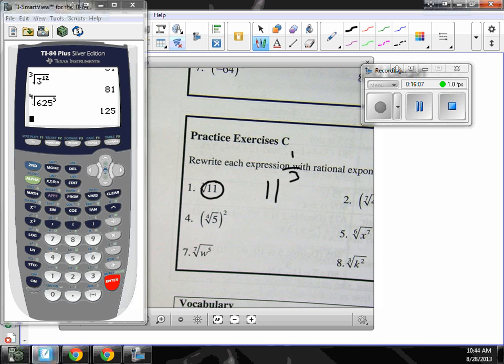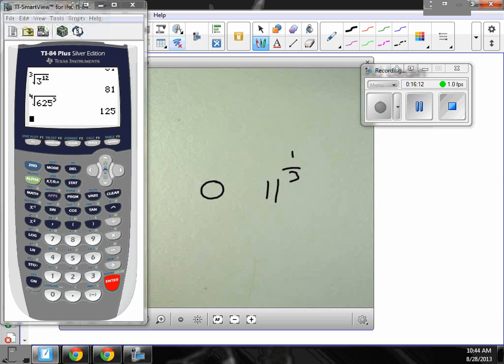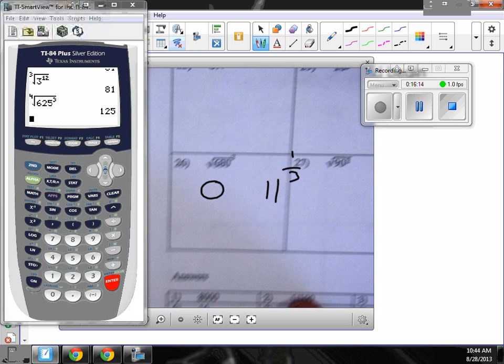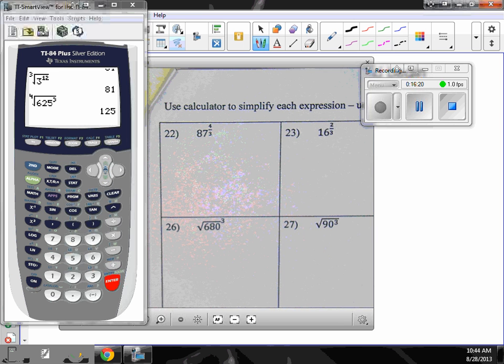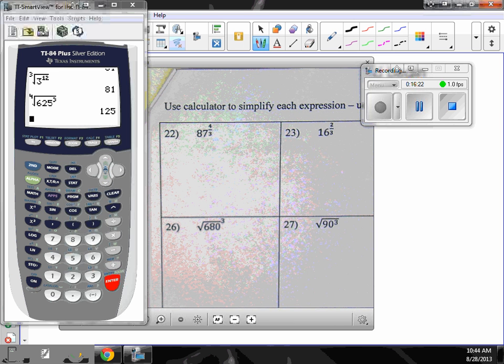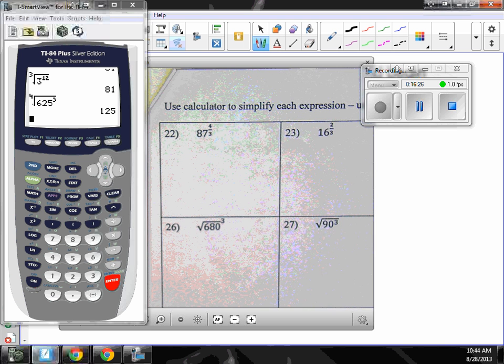Okay? All right, go back to your assignment, the last page. On the last page, the answers are going to be decimals, so you have to use your calculator. So there are 2 ways to do it.